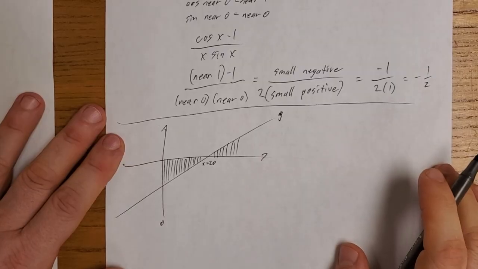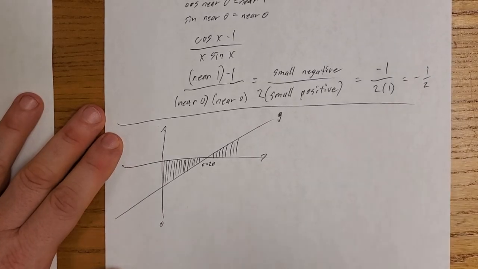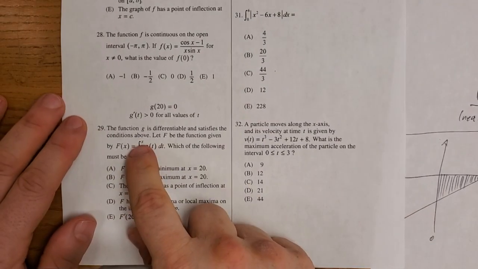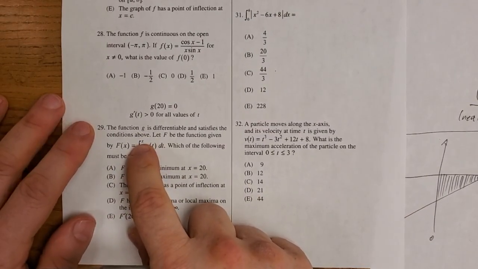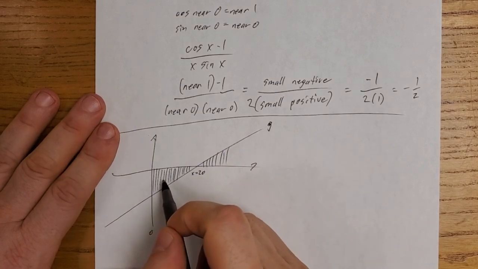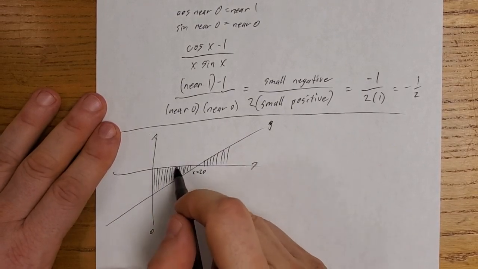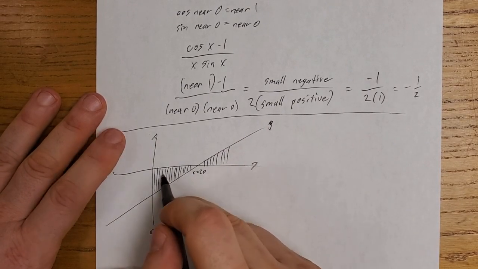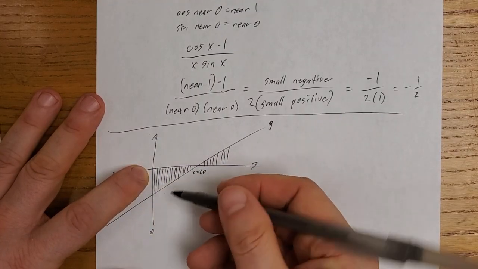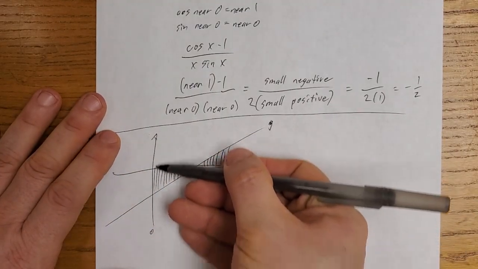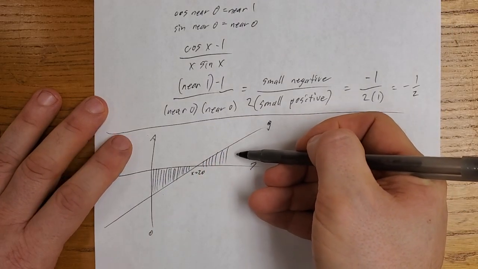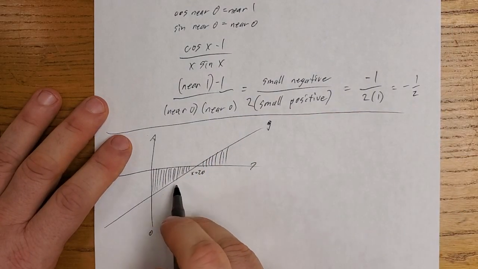So what can we say quickly about that? Obviously, if the upper bound of the definite integral is less than 20, if it's over here, the whole thing is going to be negative because it's below the x-axis. When you're taking a definite integral, everything below is negative and everything above is positive.